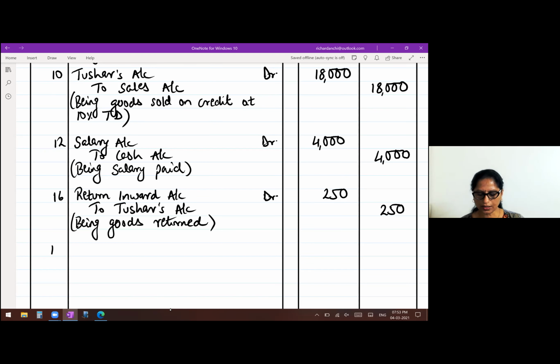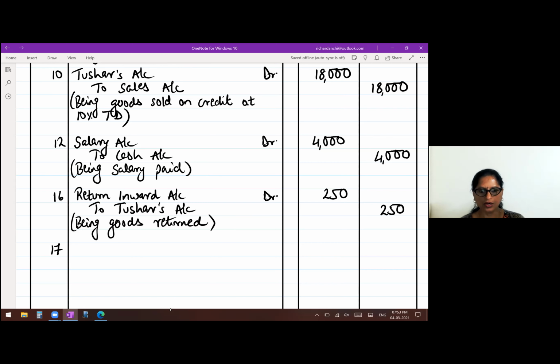17. Goods taken by Kunal for his private use, rupees 2,000. Now Kunal is the proprietor. He's taking goods for his private use. So private or personal means drawings. So drawings is one account and the other is goods are taken. So you have to write goods withdrawn by proprietor.